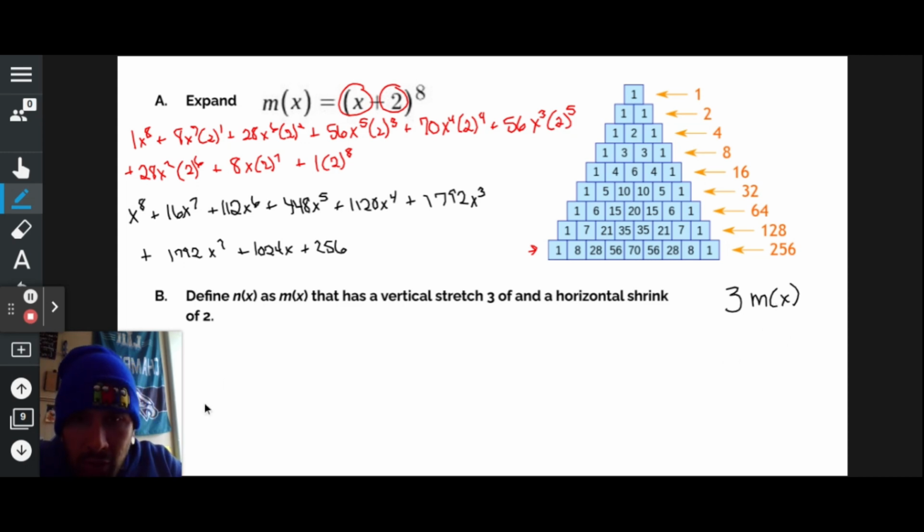So, since this is a shrink, usually when you do a stretch, you do 1 over that number. But since this is a shrink, we're going to sneak 2 right in there. So n of x is going to be 3 times m of 2x, which means just replace the x with 2x.